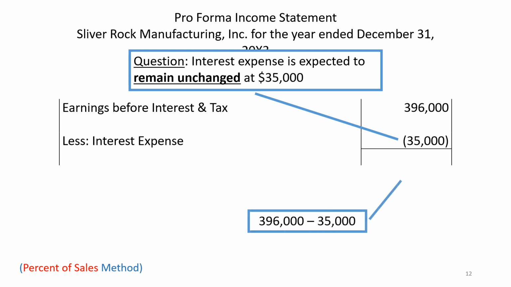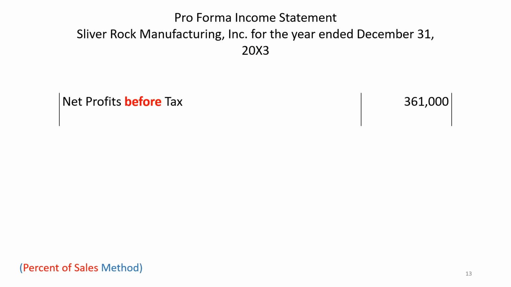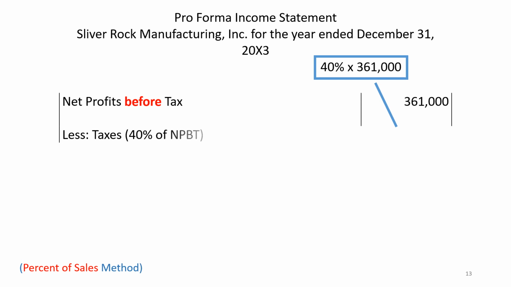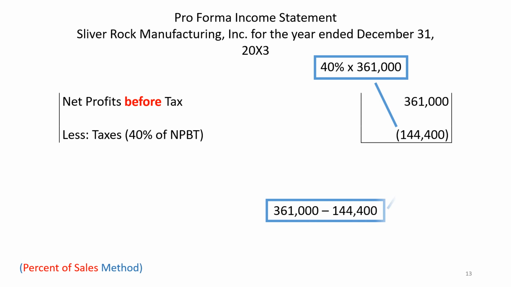Earnings before interest and tax minus interest expense gives you net profit before tax. 40% times net profit before tax gives you taxes. Net profit before tax minus taxes gives you net profit after tax.